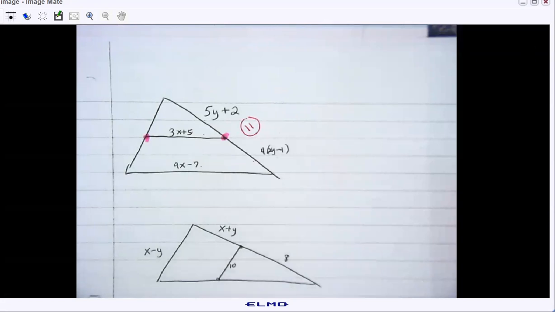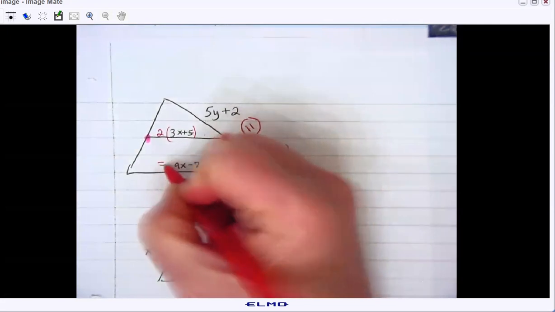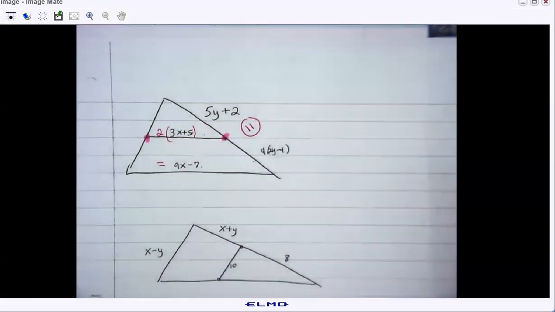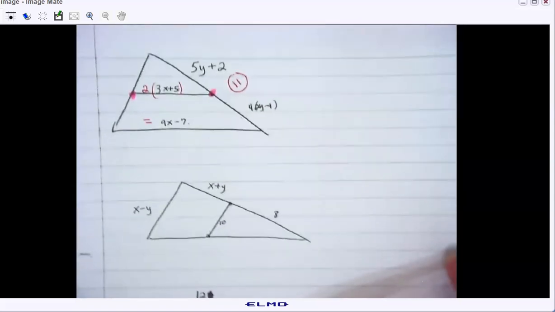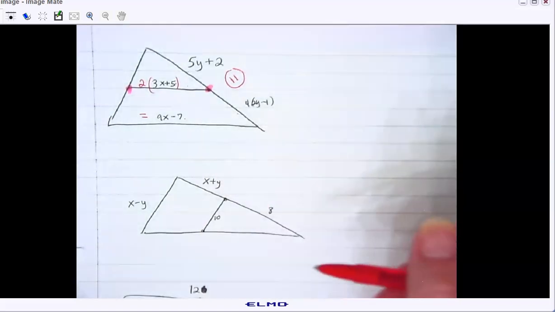Okay, I got a no in the chat box. That's correct. So these are not equal. Remember, it takes two of the middle ones to equal the bottom one. So that's how we would set that one up. We'd solve from there. But I really want to make sure that you have this one. This one's a little more tricky than that one. Okay.